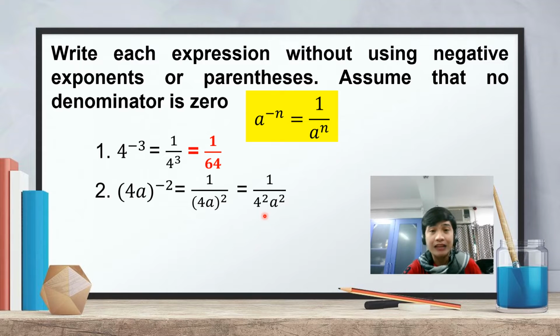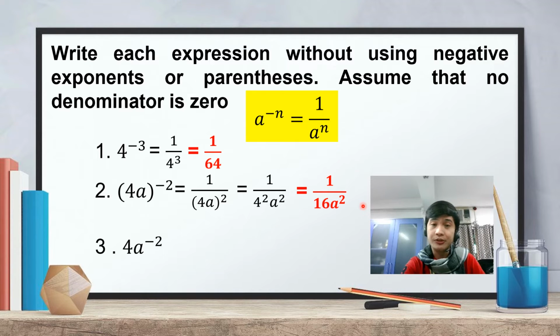Dahil alam natin na yung 4 raised to the second power ay pwede pang i-simplify, therefore, our final answer is equal to 1 over 16a squared. Okay? So, ibig sabihin, the quantity 4a raised to negative 2, kapag sinimplify natin gamit yung ating rule for negative exponent, is equal to 1 over 16a squared. So, that is our example number 2.